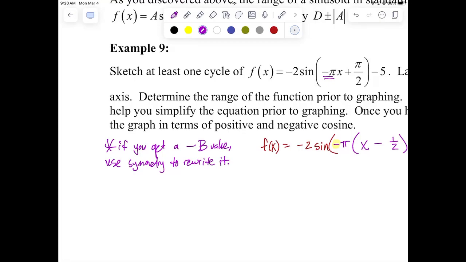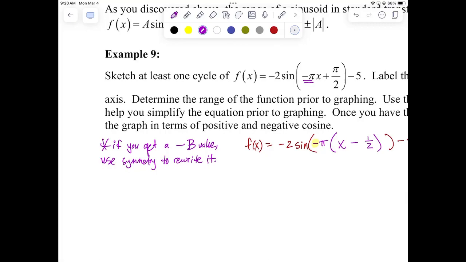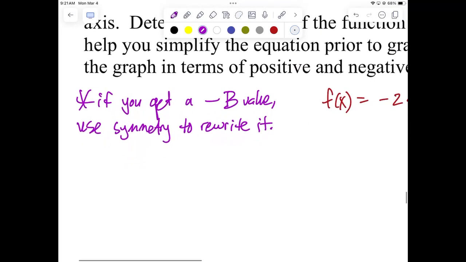It's very easy when we're doing the Sahala-Chala method to just switch the highs and lows. But what does a negative b value do to the graph? It reflects it across the y-axis, which would be reflecting it across our new y-axis. That's going to be hard. We'd almost have to sketch it first and then reflect it. So it's not as easy to sketch a negative b, but we can use symmetry, right?